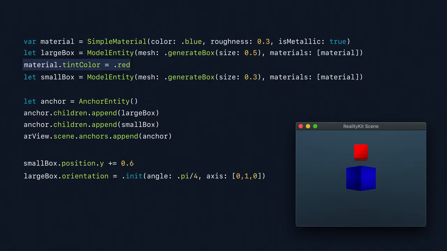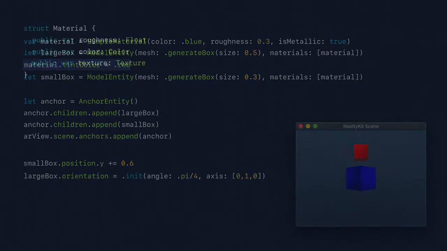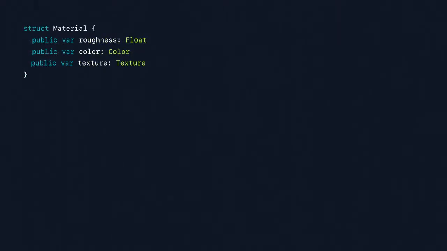So what do I mean by an accidental implementation detail? Well, let's have a look at an example type. Let's say a material type, and I want it to act like a value, so I make it a struct. And I give it a couple of simple properties, such as roughness, and then I give it a texture property. And let's say that that texture property needs to manage resources with reference counting, so I decide to make it a class.